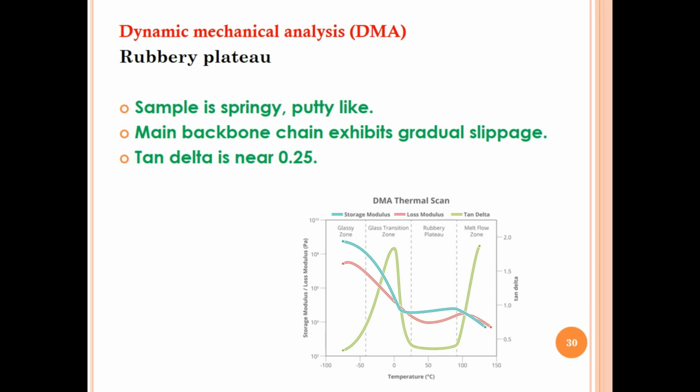In this zone, all 3 parameters decrease, but the tangent delta is the lowest among the 3 parameters, the loss modulus is in the middle between the storage modulus and the tangent delta, while the storage modulus is at the top in this zone among the 3 parameters calculated by DMA for the polymer under investigation.